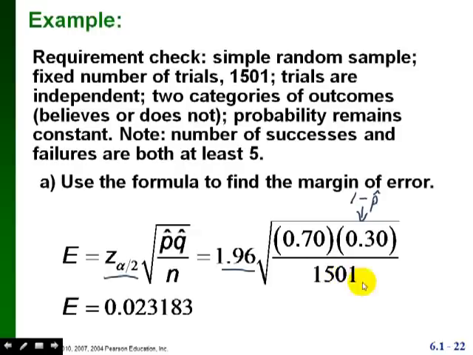So that's just 1 minus 0.70. Here's our sample size. And remember, when you're doing this, you have to multiply these two and divide before you use the square root. Otherwise, you won't get the correct answer. So it would be a good idea to put this all in your calculator and make sure that you come out with the same answer that we have here.